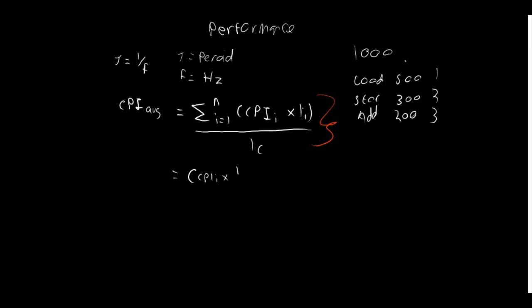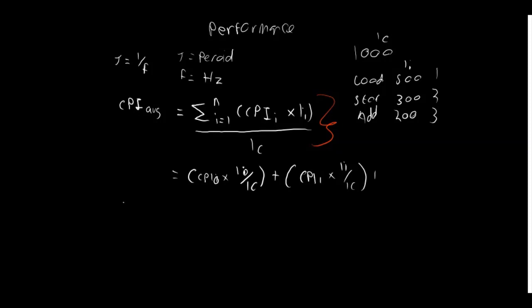So now we're getting the instruction count for this instruction i, and then this is the instruction count for the entire program. We're taking the instruction count for that specific instruction times its CPI, over the instruction count for the entire program. Then we're adding them. So we start from 0, then CPI 1 times its instruction count over the total instruction count, plus our next CPI term, all the way up to n.